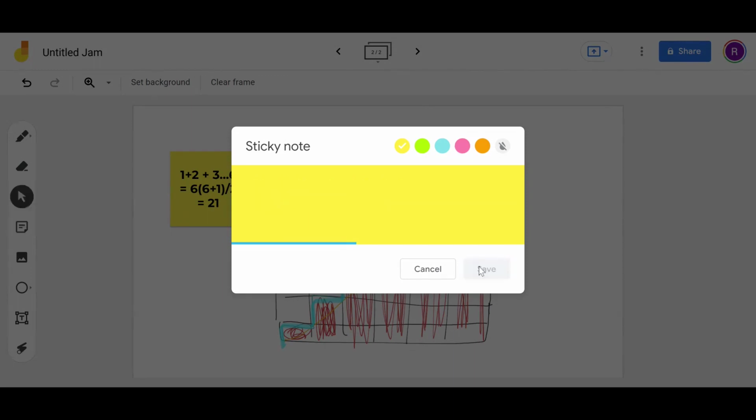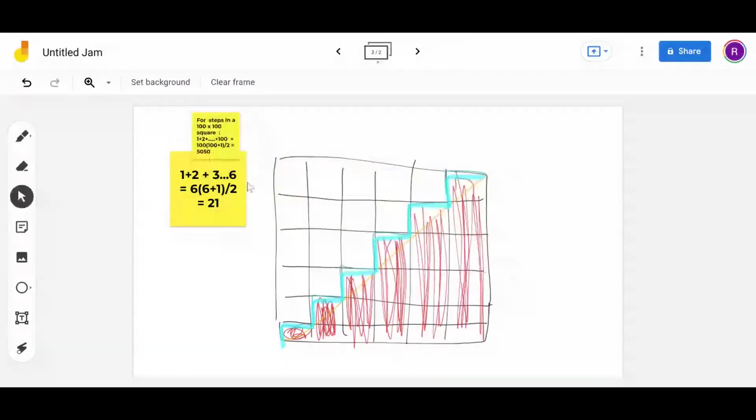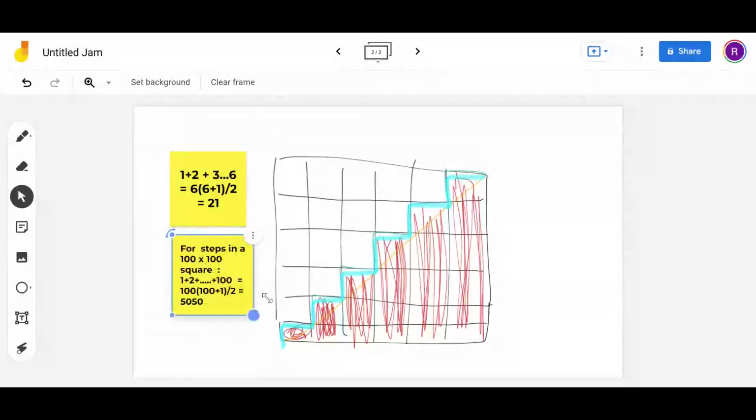5050, yes. So that is the area of the steps. And if you have 100 by 100 pixels, do you see why that would be even closer to the area of the triangle?